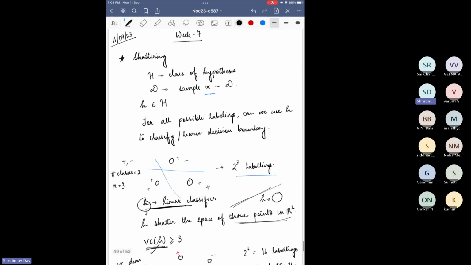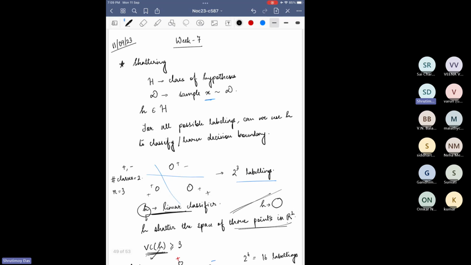So before going into VC dimension, you have to understand what shattering is. Suppose you are given this class of hypothesis, and you have some sample X from some training data. Suppose I say that I have some linear boundaries, some straight line. Suppose our points are these 3 points in R2. If the number of classes is 2, plus or minus, you can have 2 to the 3 such labelings, right?